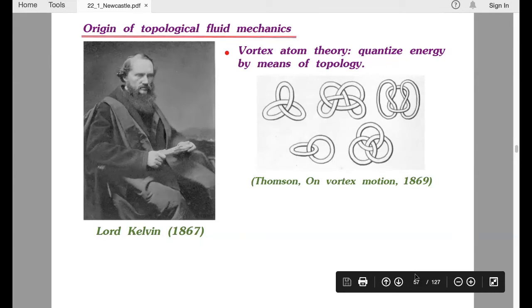And this is one of the drawings that were published in the vortex motion paper of '69. He asked Tate to translate Helmholtz for himself into English. Tate could read German, and he provided a translation, and Kelvin was so taken by the depth of the results of Helmholtz that he pushed Tate to publish the translation in English.